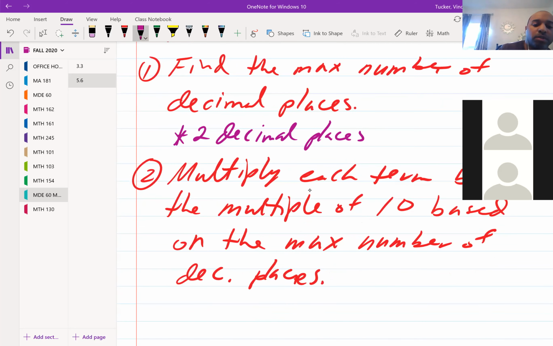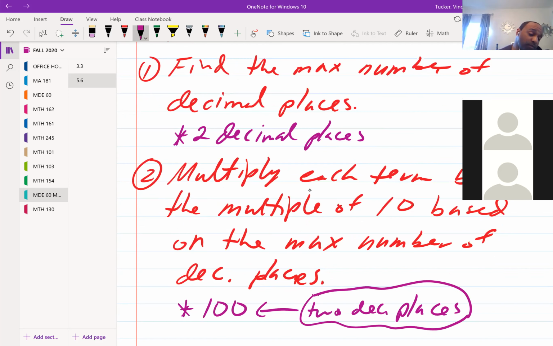So in other words, the number we're going to use is 100, based on the two decimal places. If we had 3 decimal places, it would be 1,000. If we had 1 decimal place, it would be 10. How many zeros you have is based on the max number of decimal places that you see. If we had 4 decimal places, then it would be 10,000. You multiply each term by 10,000.